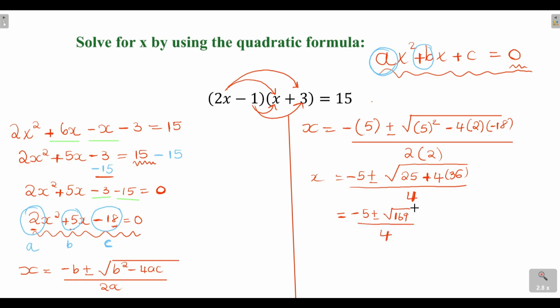The square root of 169 is 13, so we get negative 5 plus or minus 13, over 4.